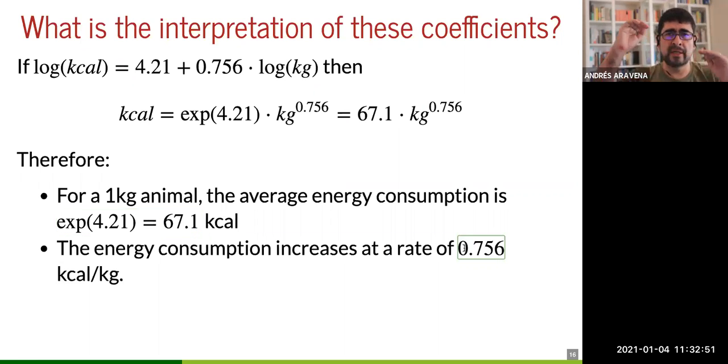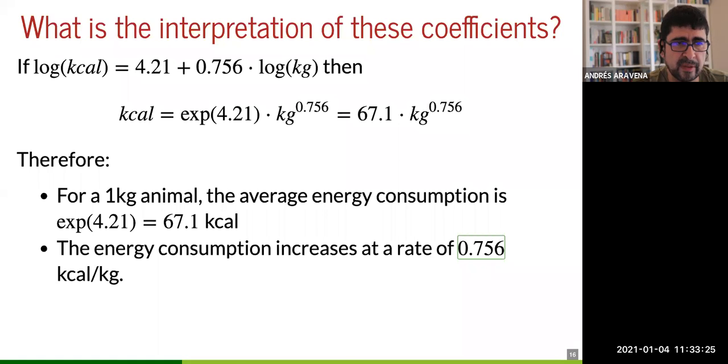The increase in metabolism is not linear. You go like 75%. In other words, if the size of the animal increases twice, it doesn't take twice the energy. It takes only 75% more energy.